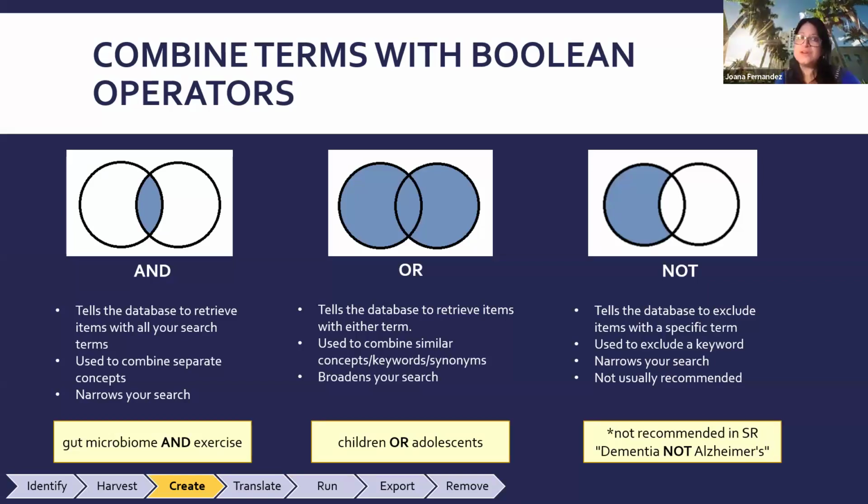The danger of using AND is that with every AND you're adding a condition. So you want to start broad and very general, and then start adding more and more ANDs as you search. As you can see here at the bottom, we have the gut microbiome and exercise example from the search. But if you're not recovering enough, or when you want to be comprehensive, you use OR as a way to say that you want anything matching either one or the other.